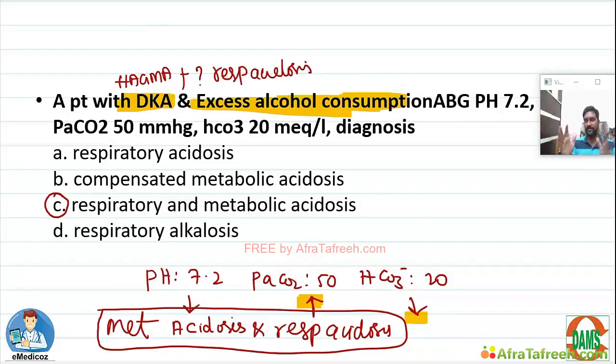DKA generally causes metabolic acidosis. Excess alcohol consumption can also cause metabolic acidosis, and it can also cause respiratory depression and respiratory acidosis. So this patient can have both. Even the history is telling of two disorders, and the given pH, PaCO2 and bicarbonate are telling the same. Bicarbonate decrease is metabolic acidosis. CO2 increase is respiratory acidosis. So it is a metabolic acidosis and respiratory acidosis, a mixed acid-base disorder.